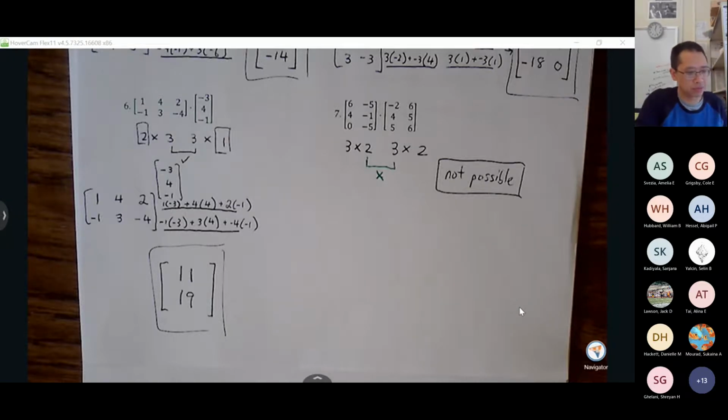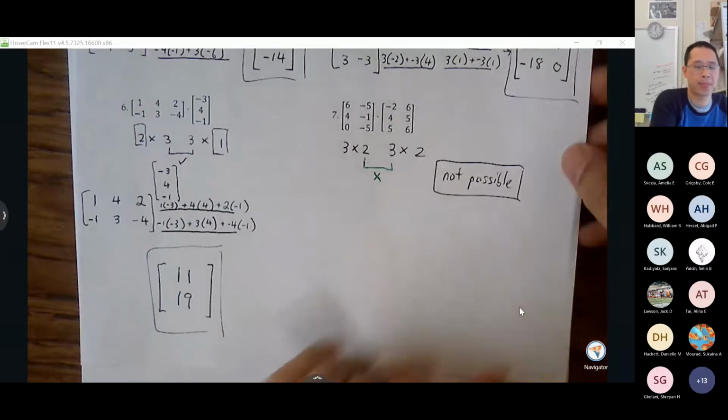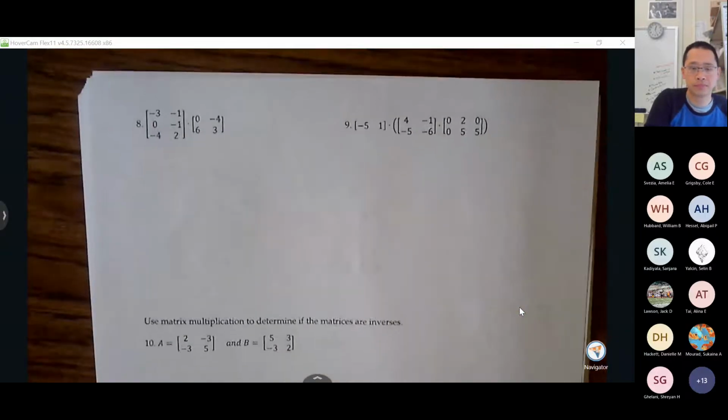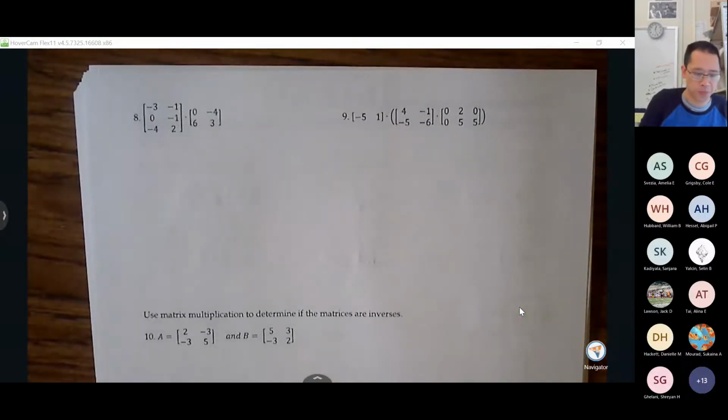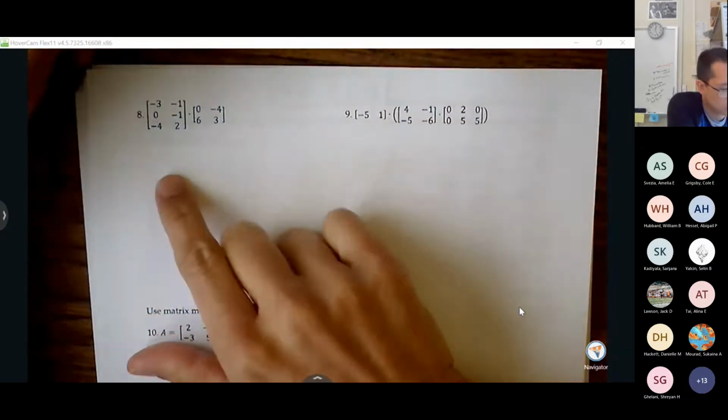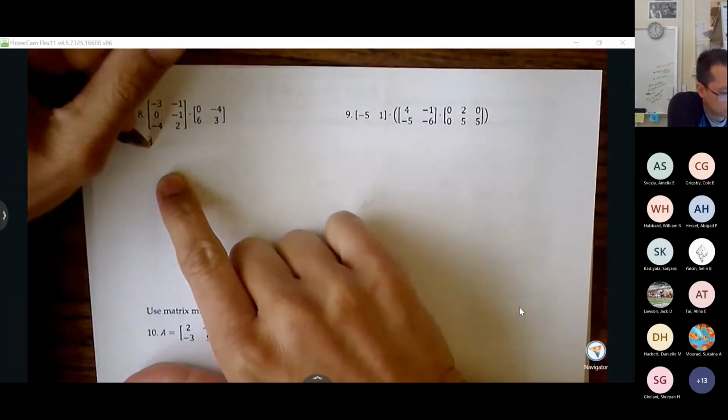Let's go to number 8. Okay, 3x2 matrix with a 2x2 matrix.